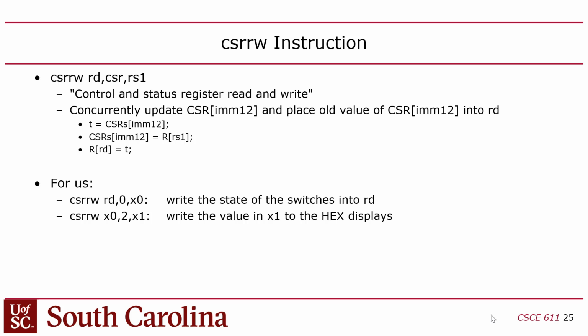This is doing an atomic swap. It's taking whatever's in the special register and putting it in the destination, and whatever was in RS1, it's going to put in the special register. So it's reading and writing this special CSR register at the same time, doing the swap.